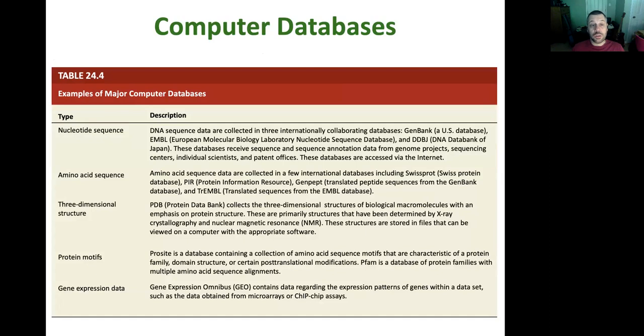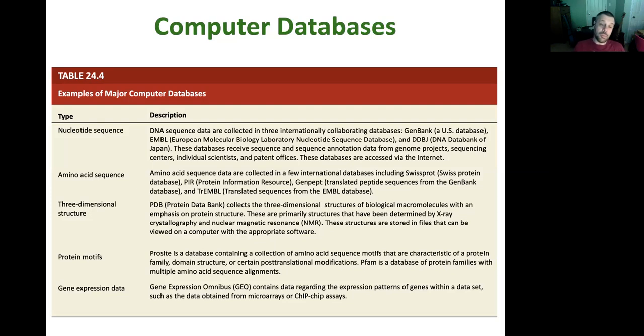There are several for nucleotide sequences. GenBank, the US one, is used by many, many, many people worldwide. There are databases that contain just amino acid sequences. The SwissProt one, shown in the second category here, is the most famous one. And there are other ones where you can search for different protein motifs and things like that.